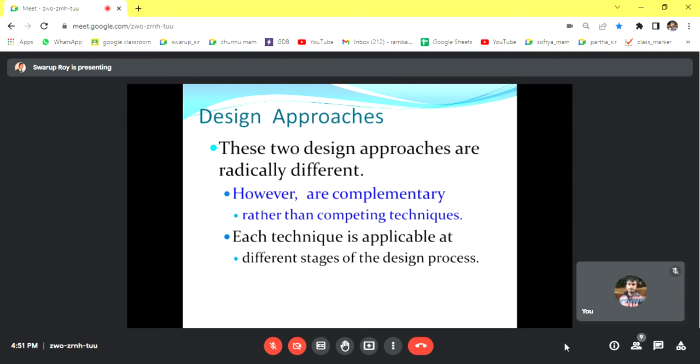Rational Rose. That tool is actually a drag and drop tool through which you can design these different diagrams, and once you are able to draw the diagrams for all the phases, at the end it can automatically generate C++ code, Java code, and that means the whole software is almost ready by that time.